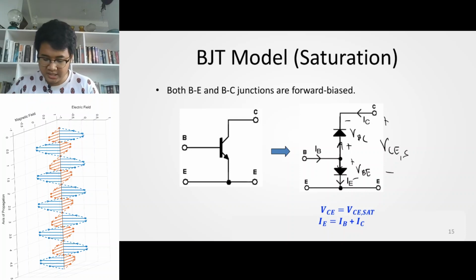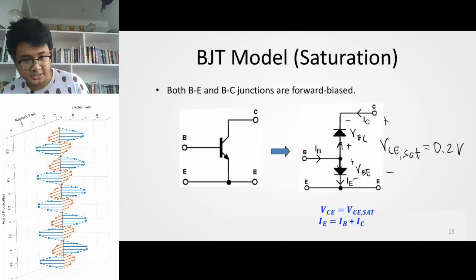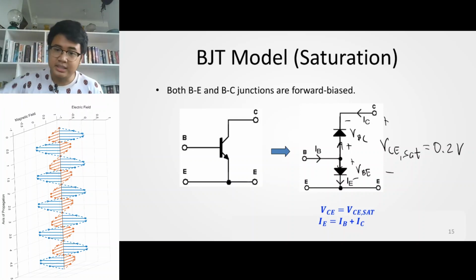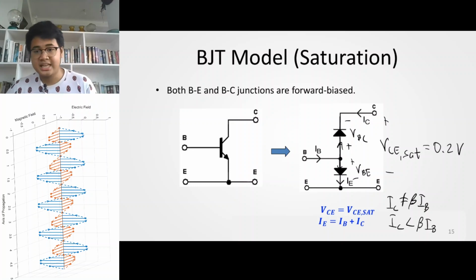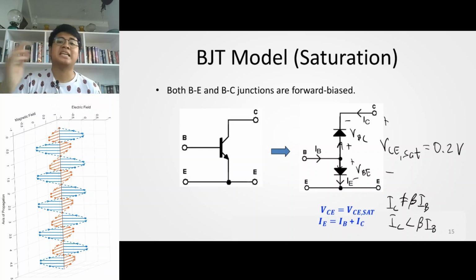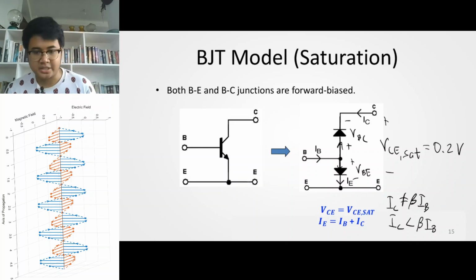We call it the VCE saturation, which is normally around 0.2 volts for a lot of BJTs. So your VCE is fixed at that value, and IC is no longer equal to beta times IB. In reality, IC is less than beta IB. If IC is less than beta IB, you know you are in the saturation region of your BJT.